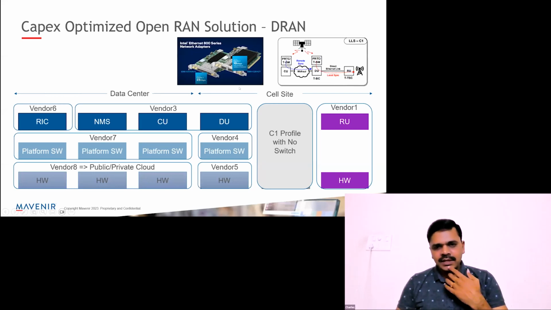For example, regions in India where many of the sites are today connected through microwave and through low capacity internet connections. So you migrate the DU to the cell site, which means the heavyweight front-haul is local within the cell site, and the CU-DU interface, which is the F1C and the F1U interfaces, are not that heavy compared to the front-haul interface.